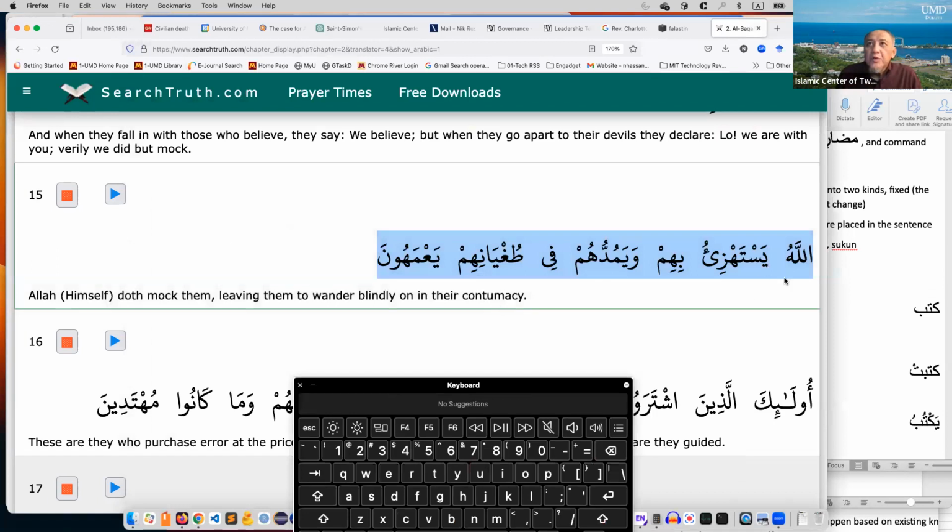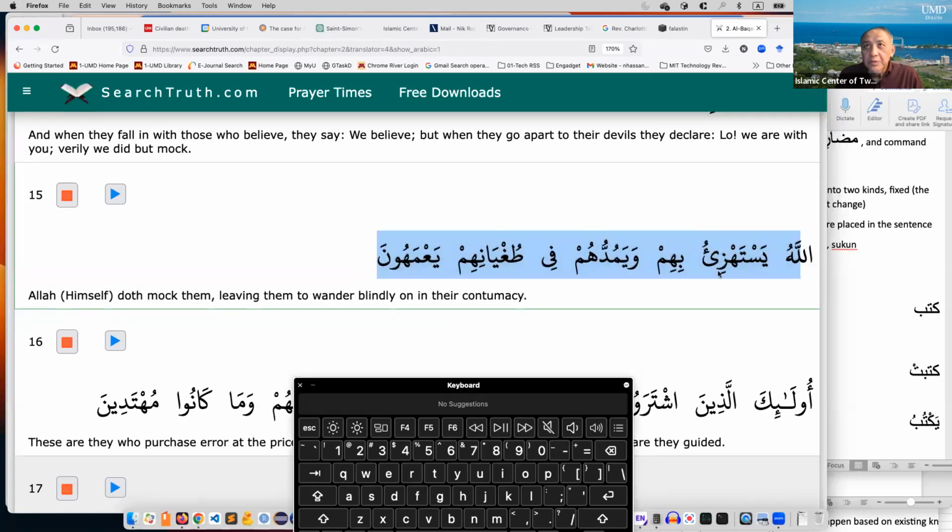Here we remember what we said: that a verb is a sentence, or can be a part of a sentence by itself. So here, this is an example of a short jumla. For example, this one here.